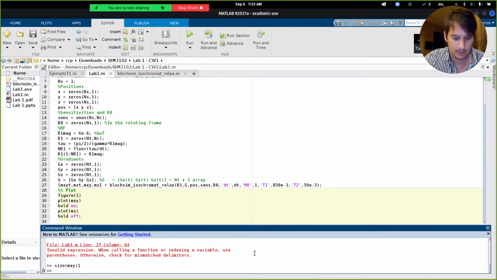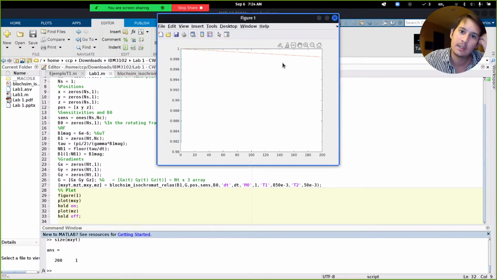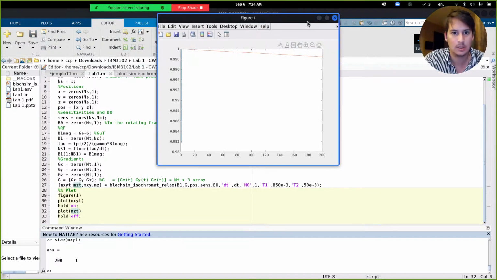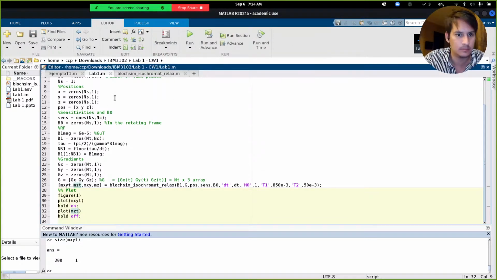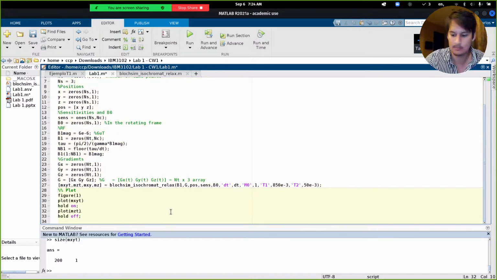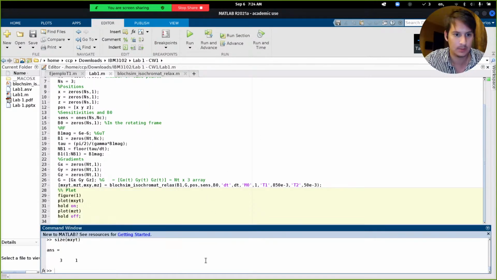Let's see, so if we see now the size of mx, yeah, okay, if I plot it, now we can see the decays. Let's see this. It's the same. And if I have, you know, 3 spins. Okay, so the size of this one is this.